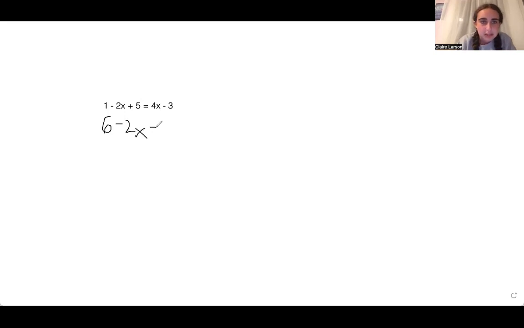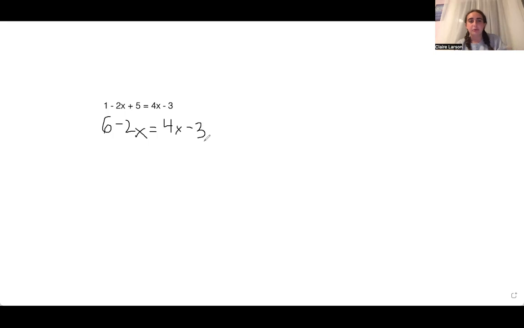Okay. Do we see any like terms like this one on this side? So I don't see any. So I'm going to leave that as 4x. And I don't see any like this either, a lone number. So I'm going to leave that as minus 3.